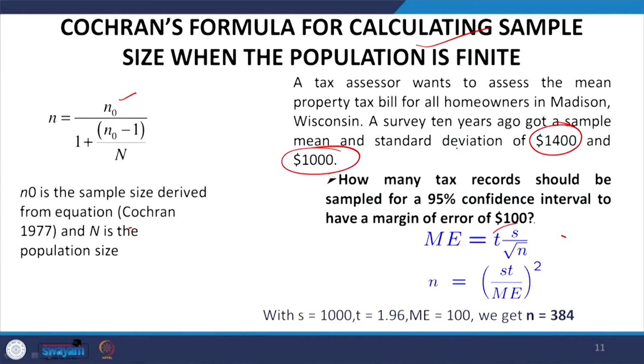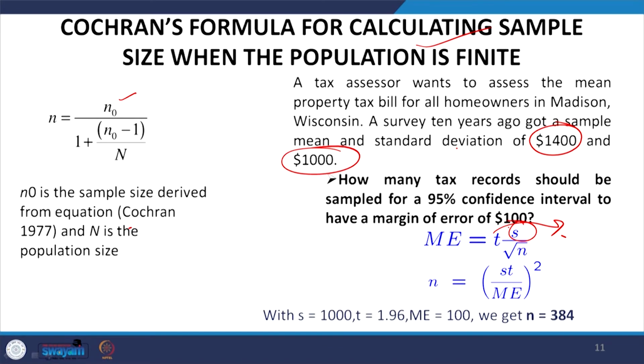So what you apply is to start with the formula: the margin of error is equal to t times s by square root of n. Since the sample size is small, we are referring to the t distribution, so t is deliberately written in place of Z. S is the standard deviation of the sample, and S is referred because we are referring to a t distribution.